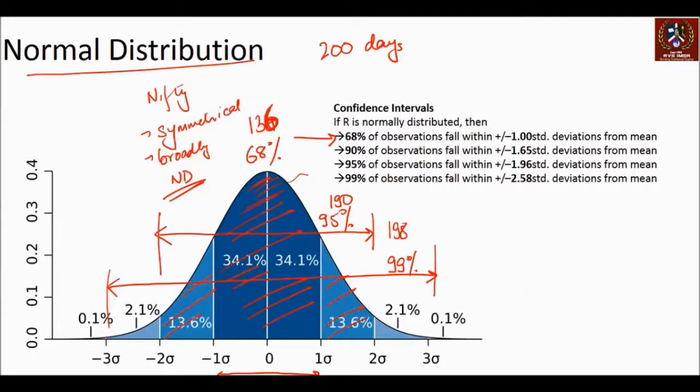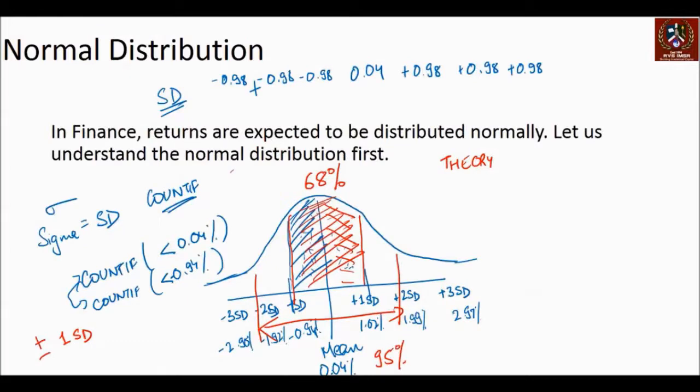And that is the most important learning that we have at this stage, that stock returns or index returns or asset class returns are assumed to be distributed normally. And it seems from the practical data that what we studied in theory around normal distribution is more or less correct. We see that in Nifty.